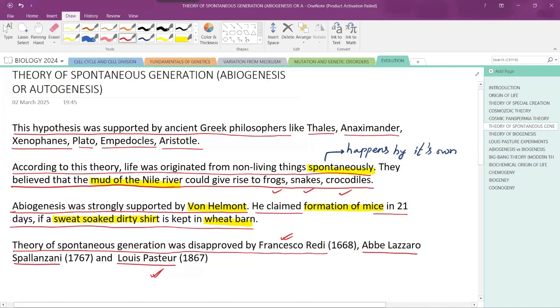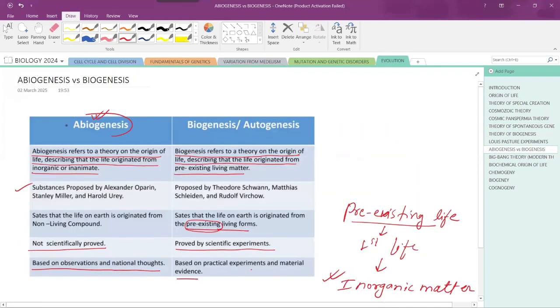These are not scientific theories, but you will see that somehow this abiogenesis theory is scientifically proven. Alexander Oparin and Haldane experimentally prove how the first life developed because of inorganic matter.